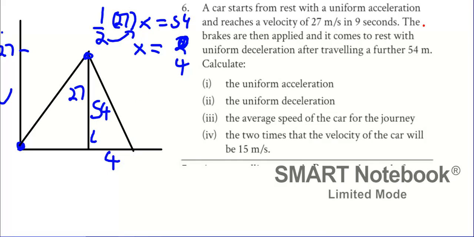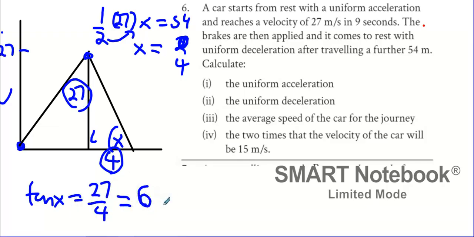Now, believe it or not, your deceleration can be obtained using the slope of the line or the tan of the line. Does anybody remember what tan is again? Opposite divided by adjacent. What's 27 divided by 4?